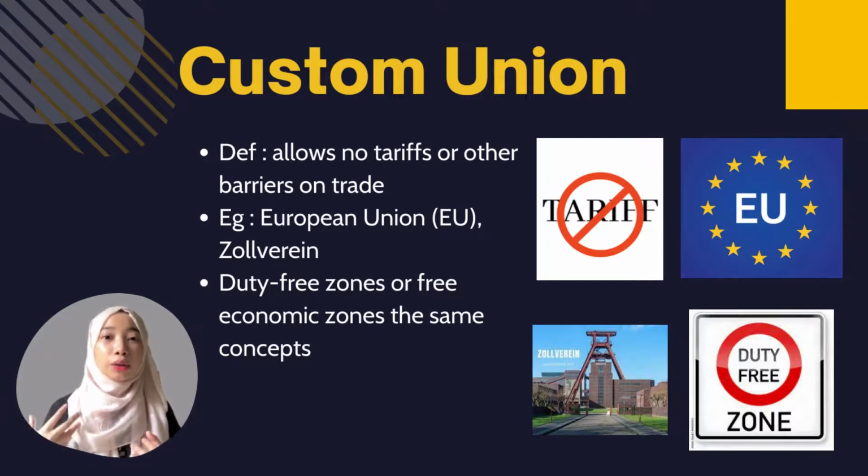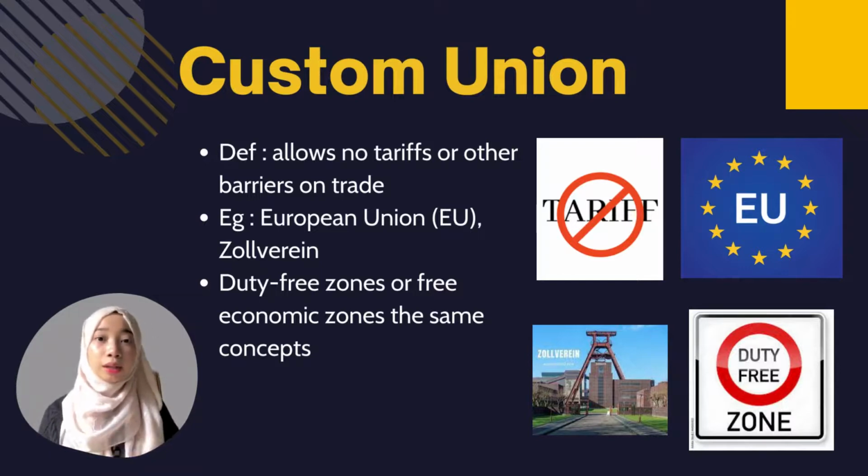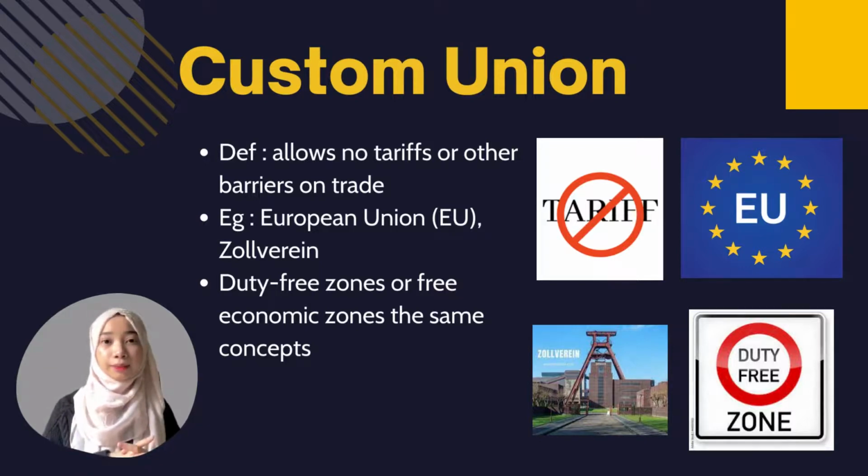And then there are duty-free zones or free economic zones, where the same concept is used to analyze customs unions. For example, we can look at Pulau Langkawi, which attracts foreign investment by allowing raw materials and intermediate products duty-free. Okay, this is customs unions adding to FTA. It harmonizes trade policies.